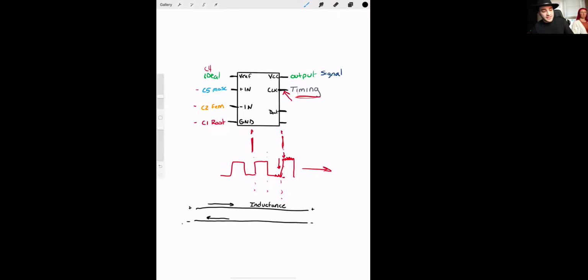So let's say that this conductor here ideally has no frequency component. It's zero noise. Well, when you add noise, now it has a frequency component. The inductance is a resistance to this change.